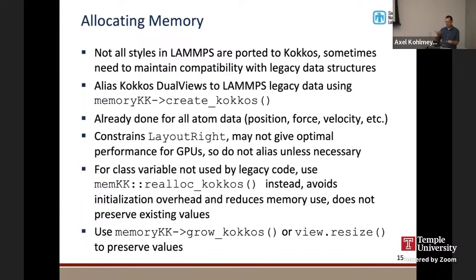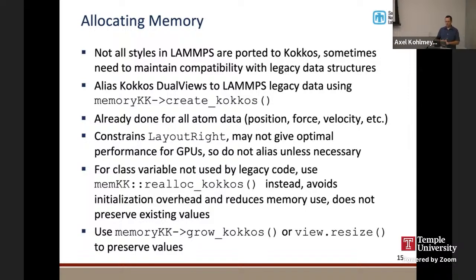So the legacy view, like the X atom array pointer, is just pointing to the host view in this dual view. So it's aliased. It's done for all of the atom data already. All the positions, forces, velocities are all aliased.